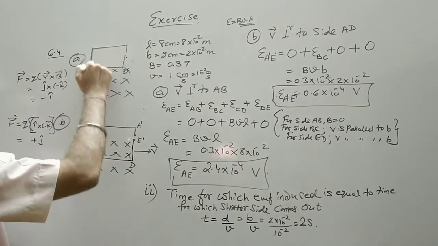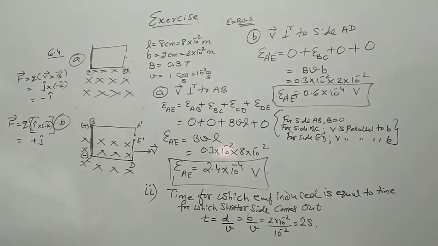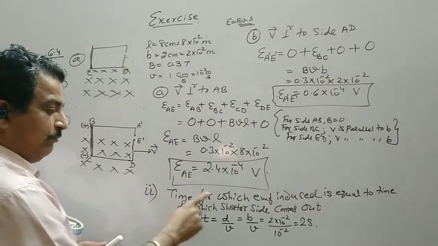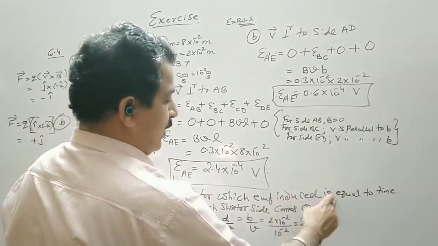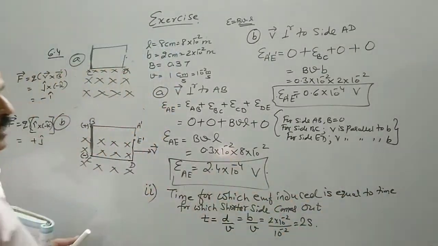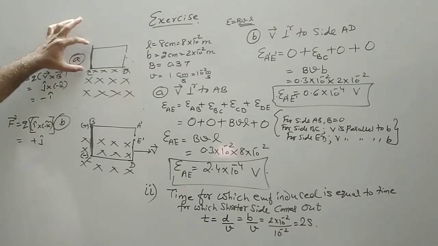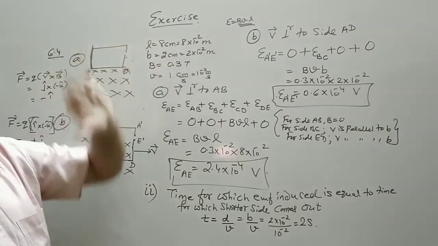By the time this end comes out, the EMF induced becomes 0. So we have taken the distance of the shorter side. The time for which EMF is induced is equal to the time for which the shorter side comes out, and it will come out in 2 seconds because displacement is 2 centimeter only.